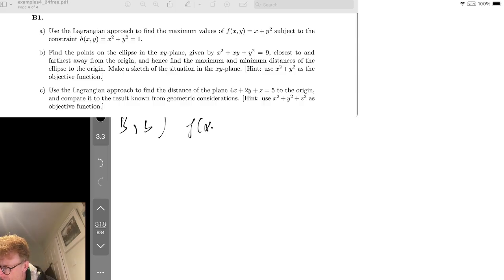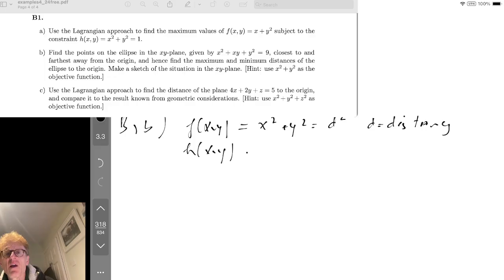So f(x,y) is here the distance function, or the distance function squared, so it's d squared, d is distance. And then it's constrained by the ellipse, which is h(x,y) is x squared plus xy plus y squared is 9.